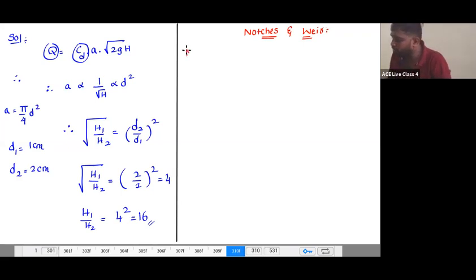So first of all, what is a notch? You know that it is a device to measure the flow rate. So where are you going to provide this?